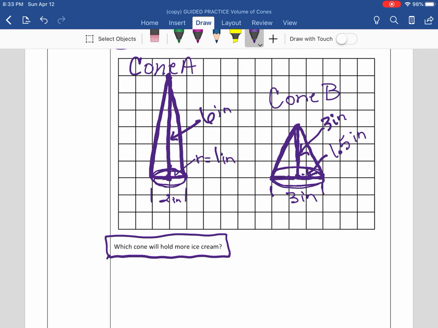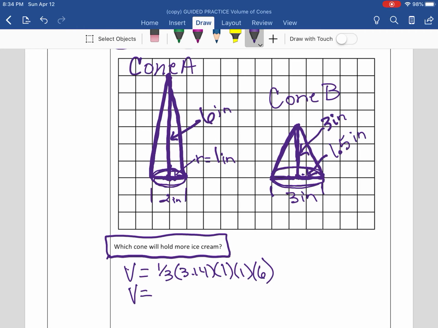All right, let's figure out the volume then of the tall cone A. Volume equals 1/3 times pi times the radius. In this case, our radius, half, is only 1. So 1 times 1 times the height of 6.